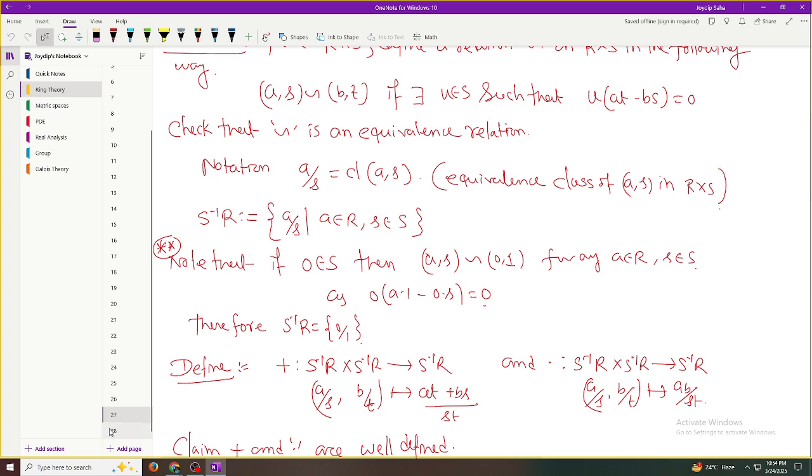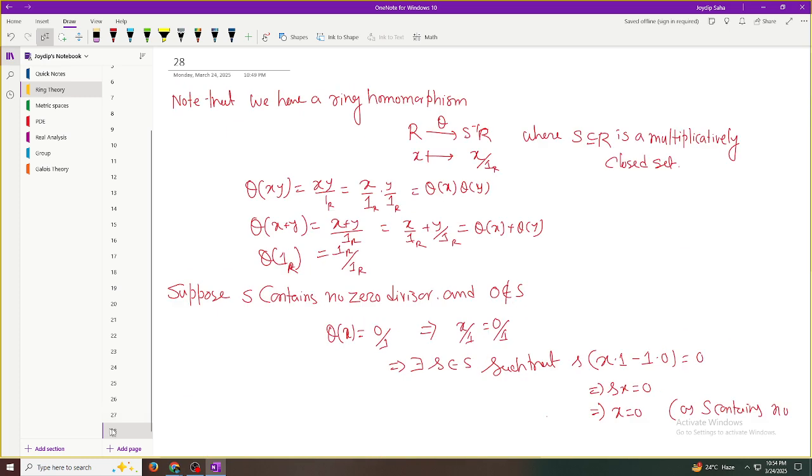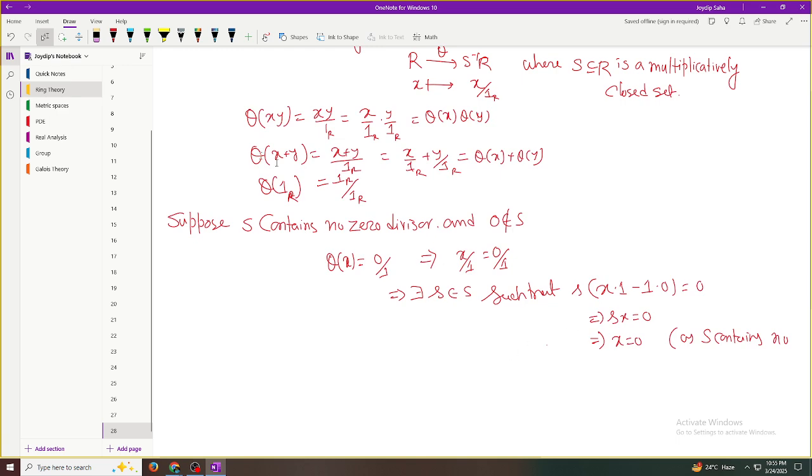So I am not talking about the trivial ring, so I take 0 does not belong to S. So as S contains no zero divisor, therefore theta is injective.